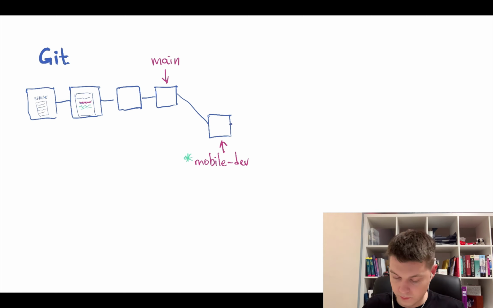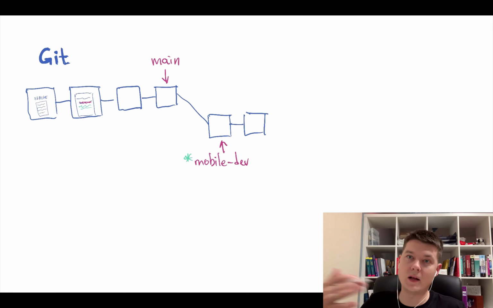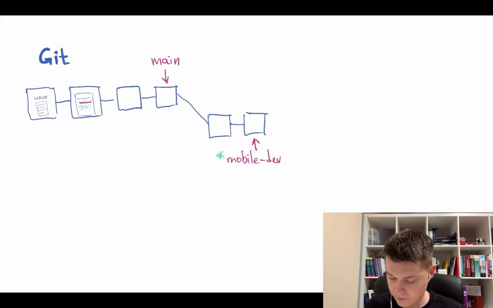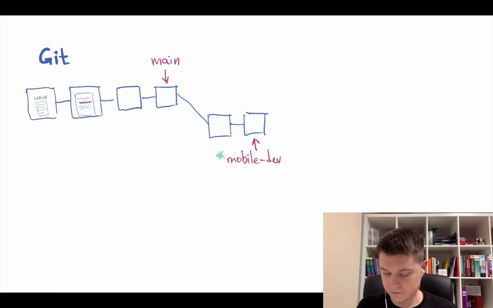Maybe we added a draft, then we asked our teammates to review it, and they asked us to make some changes, and we add those changes and create a new commit, right? Mobile dev goes with us. The current branch goes with us. Right. That's how our repository looks after all our changes.